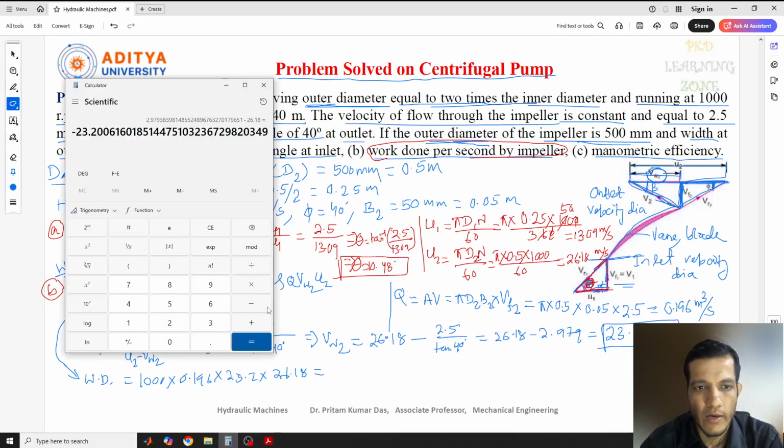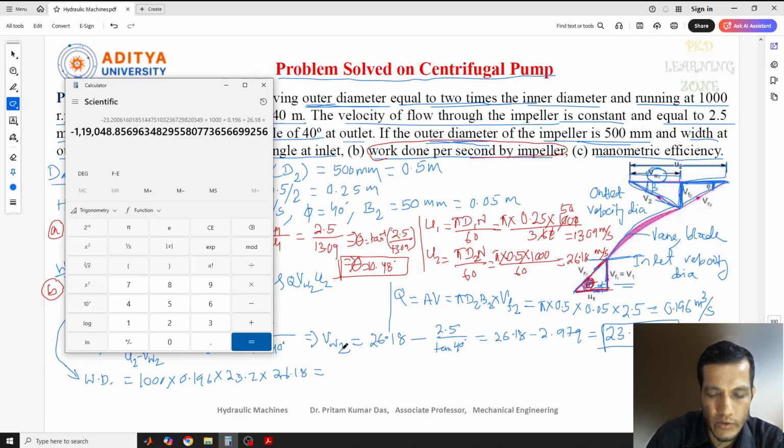So what value I got here, I'll just multiply in this. This is 1000 into 0.196 into 23.2 into 26.18. So we got the value of 1,19,048.